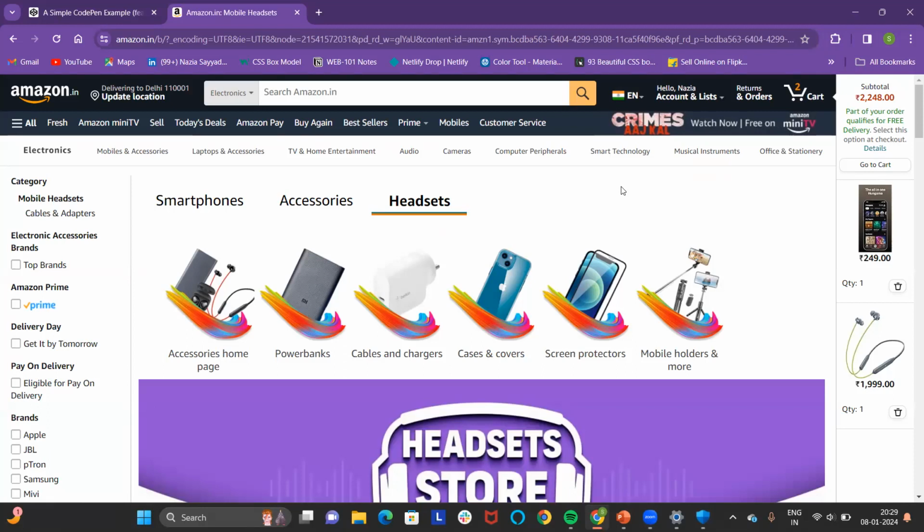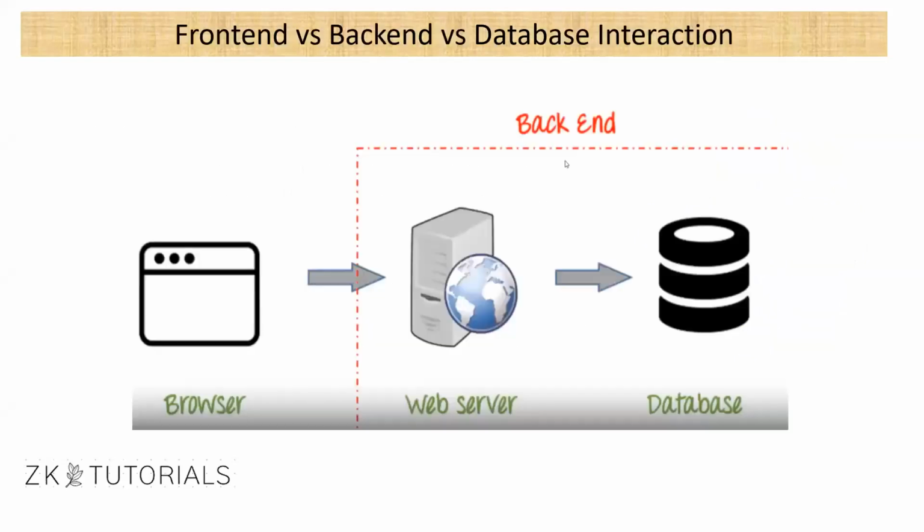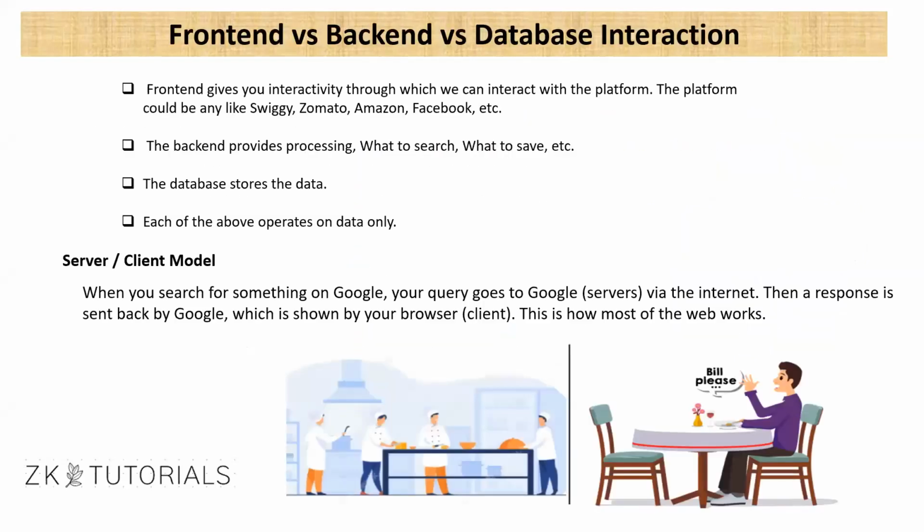They are using your search history or your shopping history for generating offers for you. Basically what they are doing, they are generating the data. That's how data is very important and plays a very crucial role.